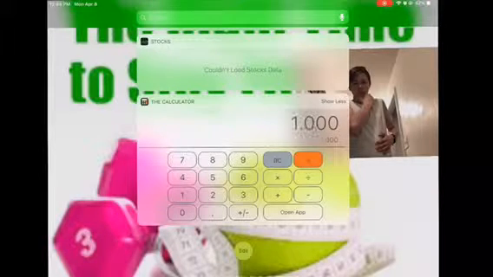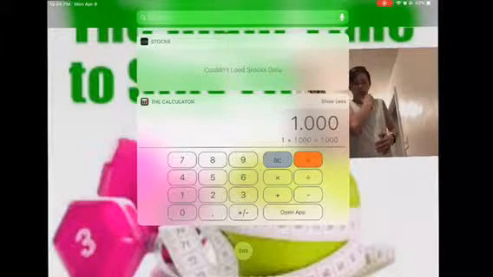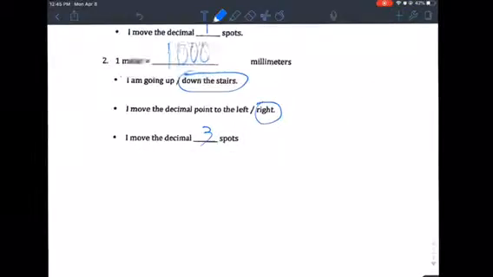Take 1 times 1,000. Tell me what you get. I bet it's the same as our answer. 1,000. Okay? Just making sure I'm on the right path here. Now, scroll down a little bit.